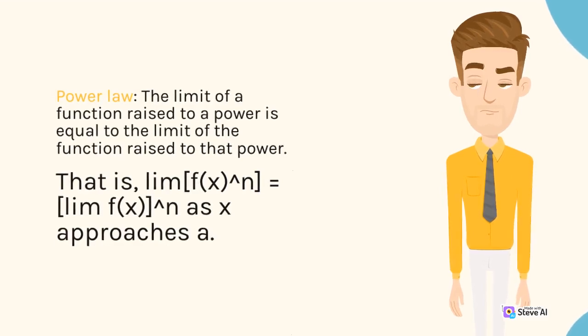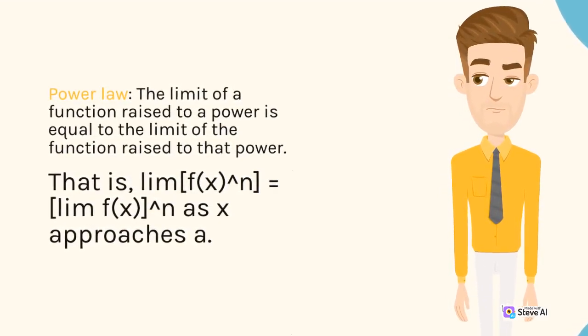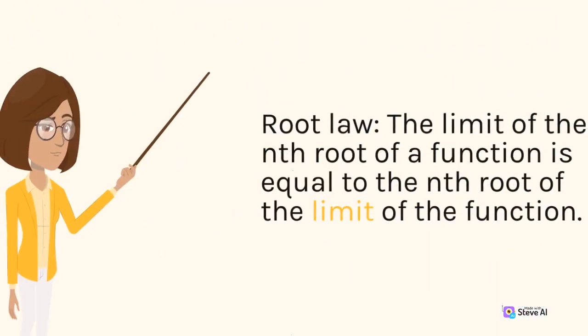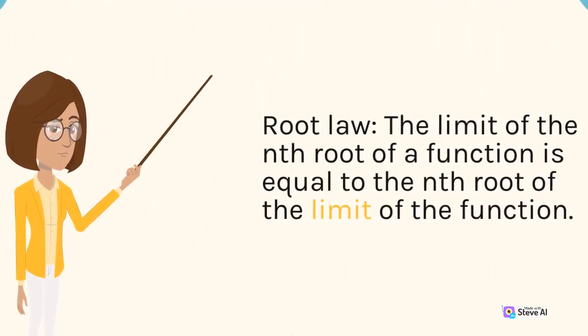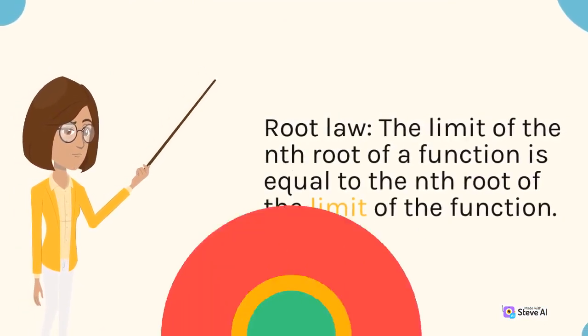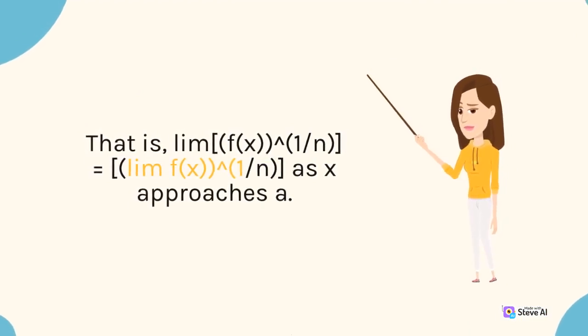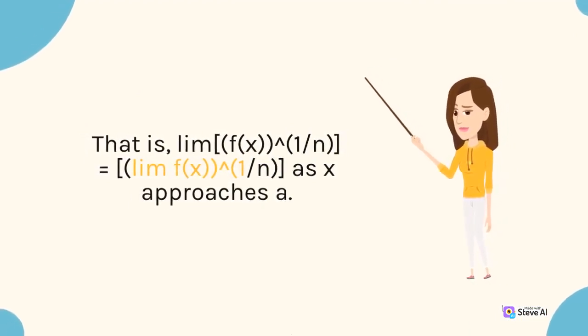That is, lim [f(x)]^n = [lim f(x)]^n as x approaches a. Root law. The limit of the nth root of a function is equal to the nth root of the limit of the function. That is, lim f(x)^(1/n) = [lim f(x)]^(1/n) as x approaches a.